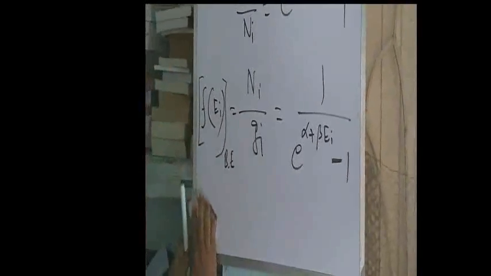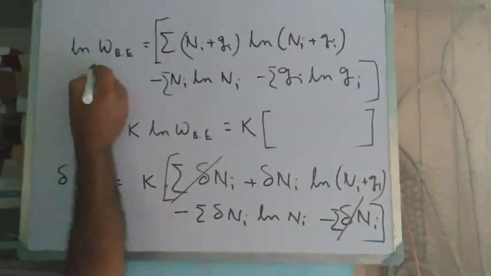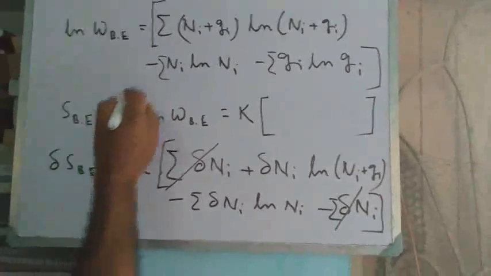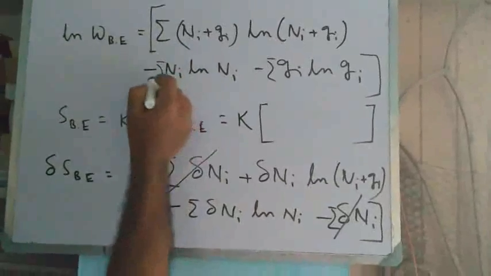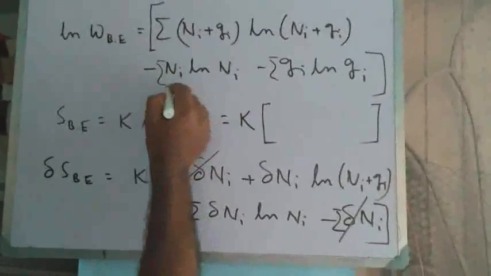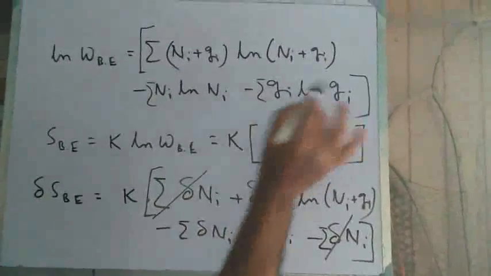Now we have to find the constants alpha and beta. Now ln W for the Bose-Einstein distribution equals the sum of (ni plus gi) ln (ni plus gi) minus ni ln ni minus gi ln gi.